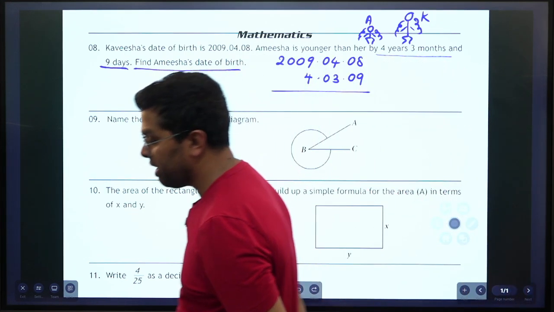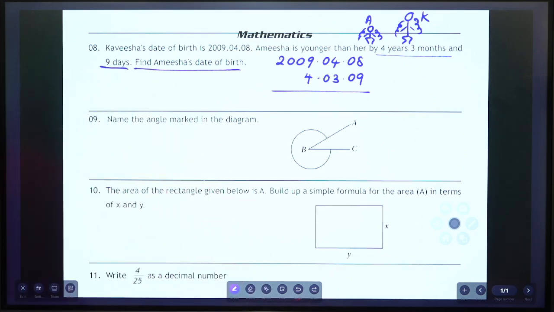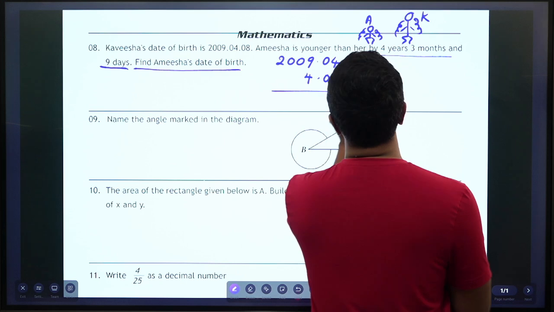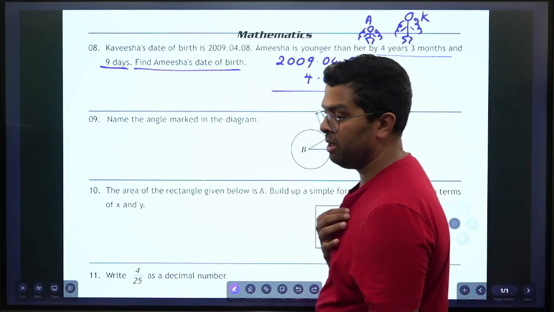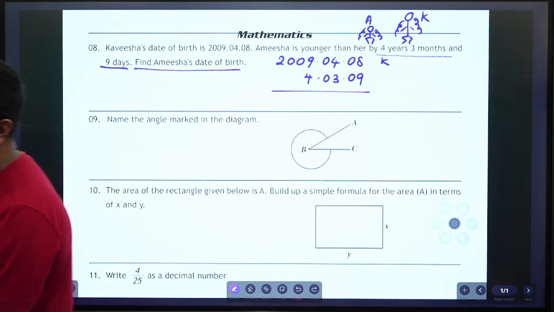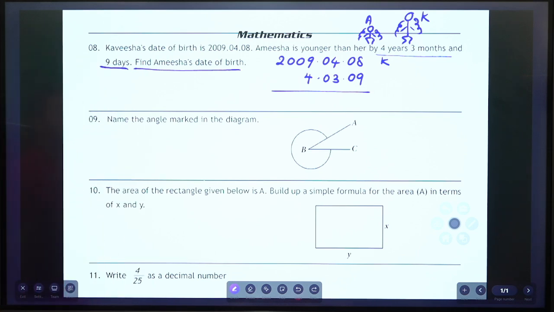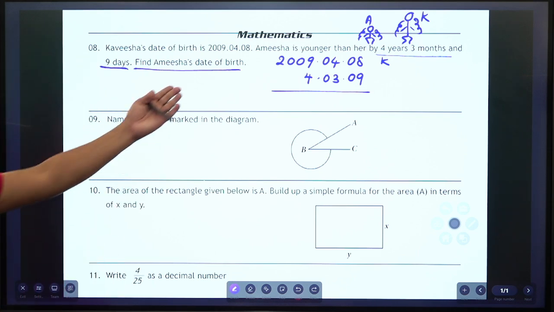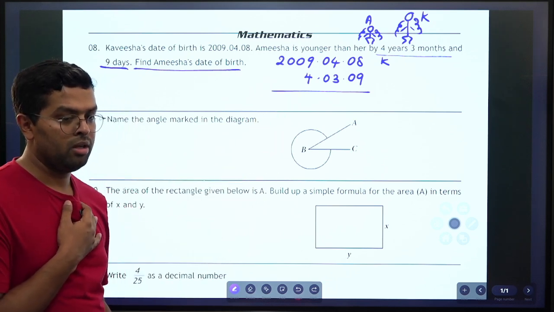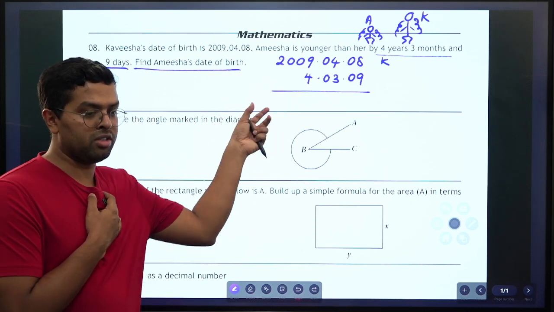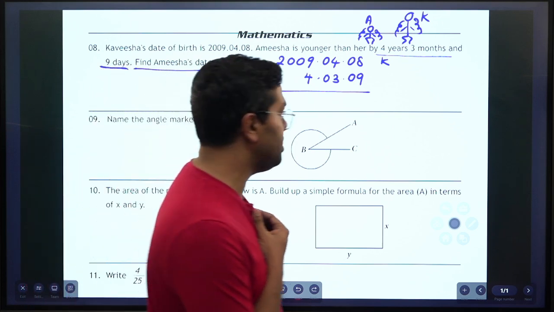Are we adding them together or taking the difference between these two numbers? This is the birthday of Kavisha, so Amisha should be born after Kavisha. If you subtract 4 years, you will get something like 2005. So if Amisha was born in 2005, is she younger than Kavisha?